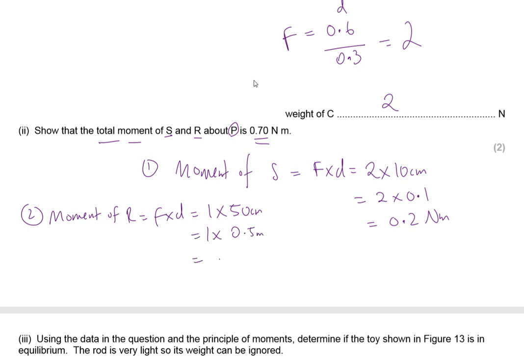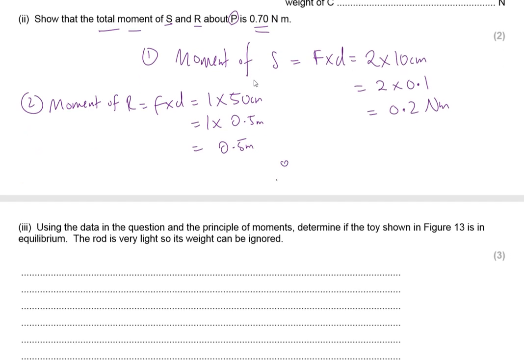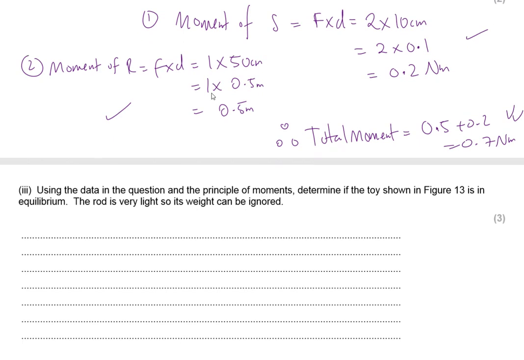So the total moment is 0.5 plus 0.2, 0.7 Newton meter, and this is how we showed it. Now it's 2 marks. We need to work this out and then do the maths. Nice one.